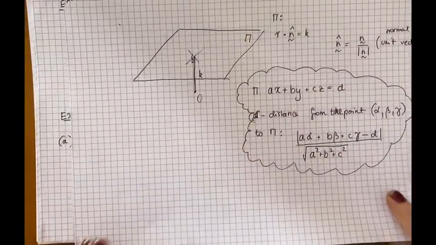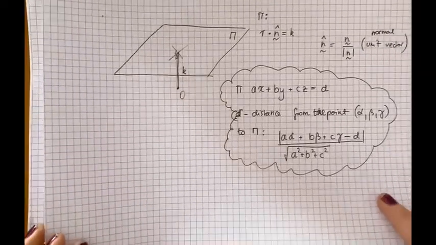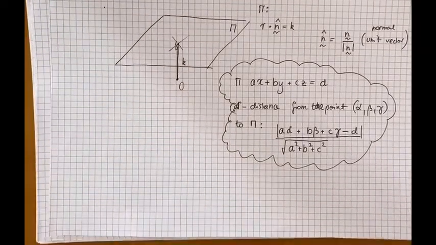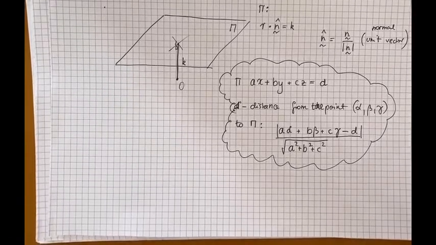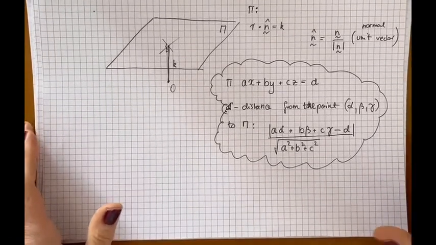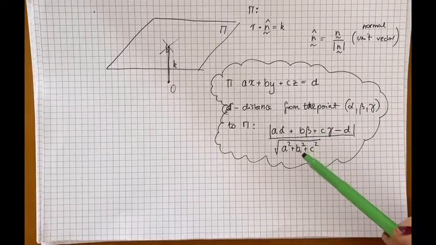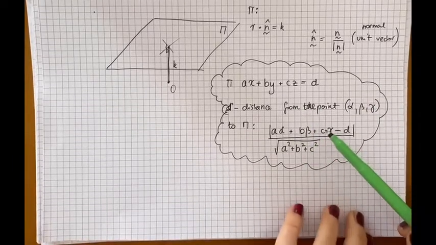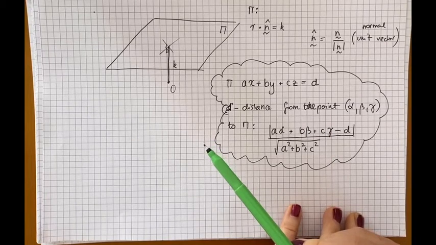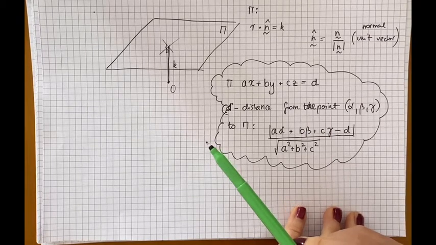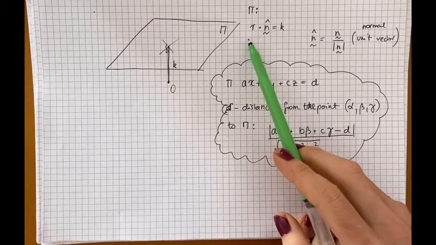Okay, the next section deals with perpendicular distance from a point to a plane. Well, the formula is actually in the formula booklet, so we'll talk about it in a second. Before we do that, there is a very important key result, which looks in the following way.